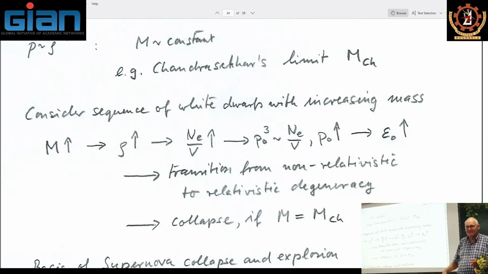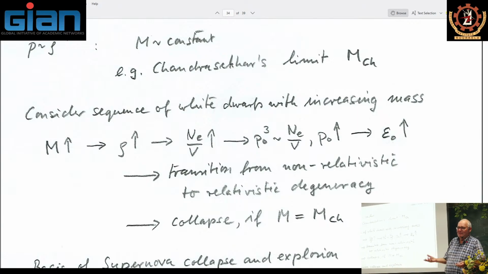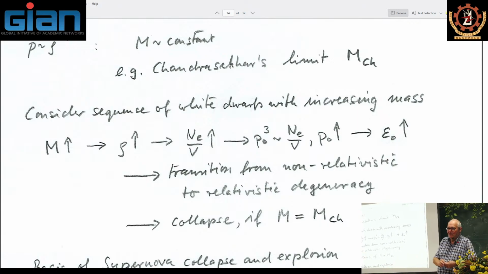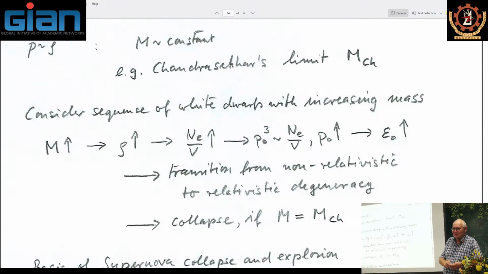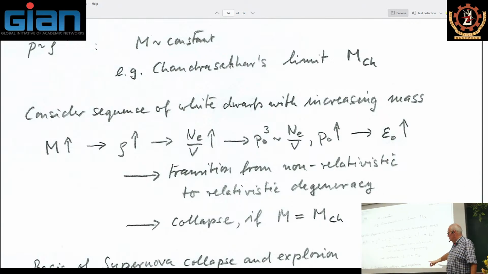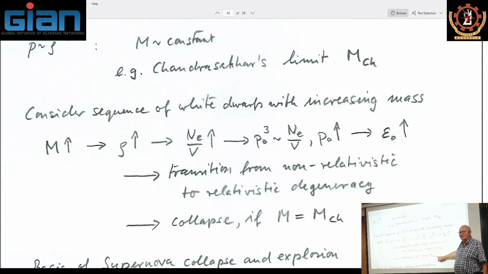What happens then is a collapse, and the consequence is a supernova of type 1a. These supernovae of type 1a are nice candles in the universe because their initial condition is essentially the same for all of these processes. There's just one single mass which can be at the onset of this collapse.